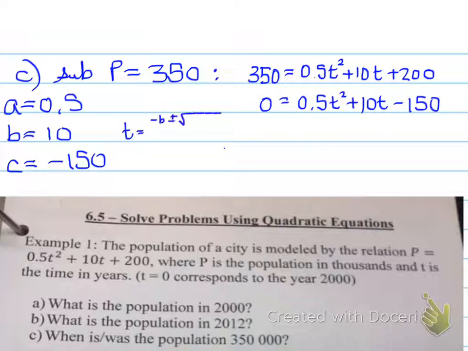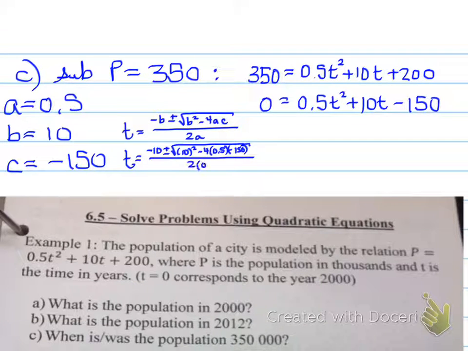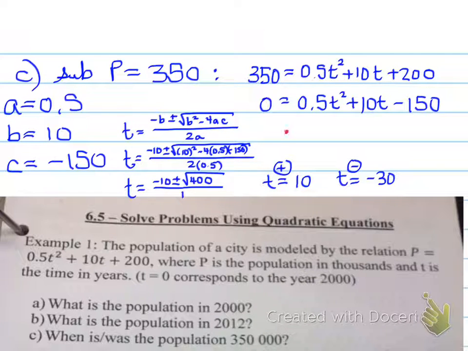You plug it into the quadratic formula, negative b plus or minus the square root of b squared minus 4ac. And you plug in the values. Don't forget to show the discriminant. And once you show the discriminant, you can then do the plus or minus part of it. And we get t when you add it will equal 10. t when you subtract will equal negative 30.